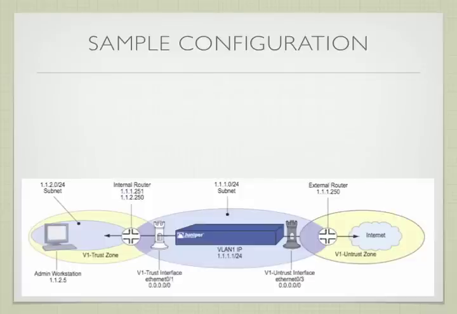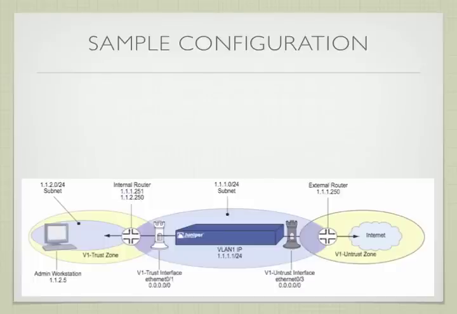Okay, so here's a sample configuration from the manual. In this case, we have a trusted router on the left and an internet router on the right that were previously connected together. And what we've done is we've inserted a ScreenOS device in between the connection that was formerly directly here.